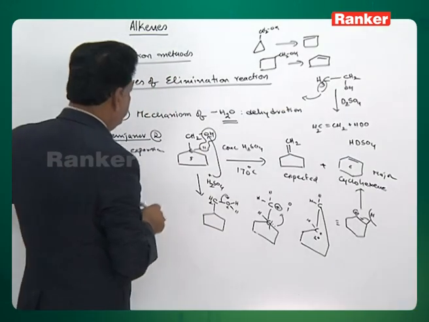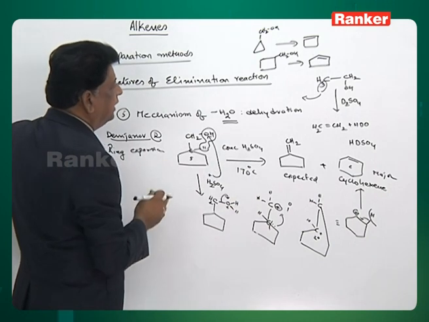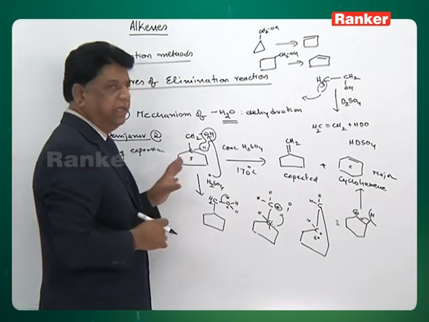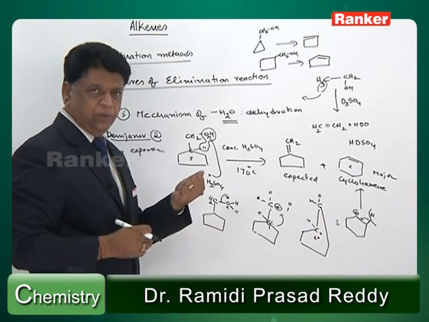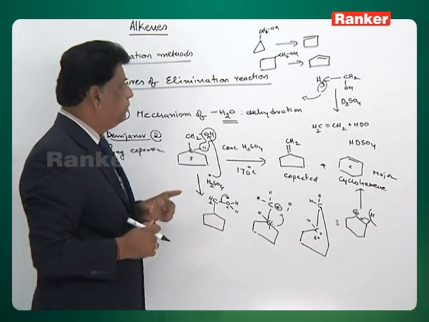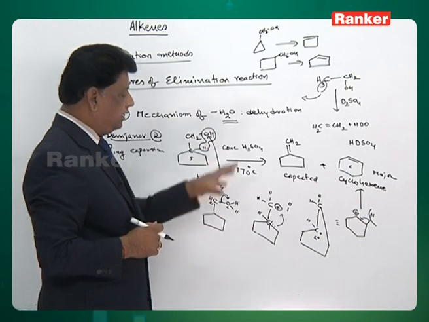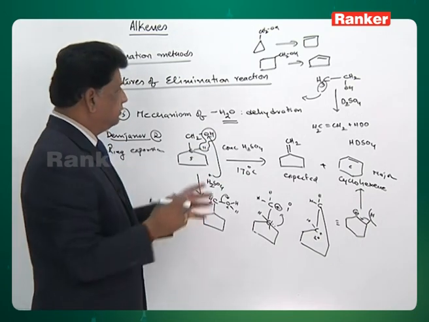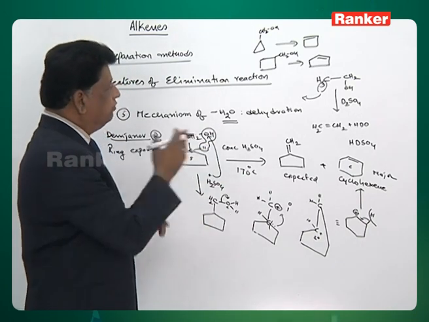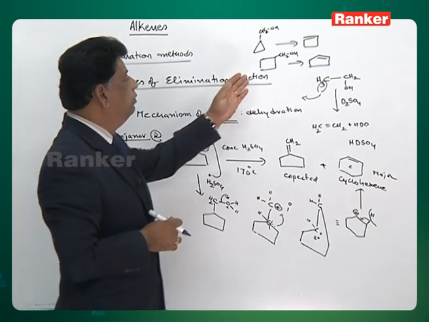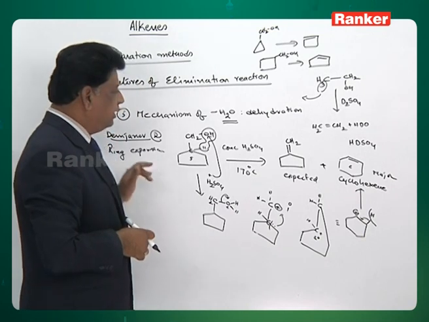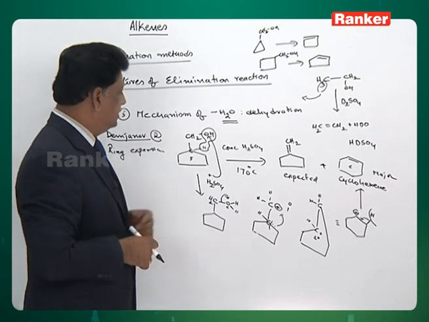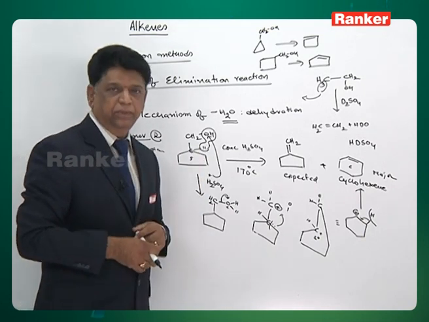So, these 2 examples also come under this category. First, you must have knowledge that dehydration goes through the carbocation, and then that carbocation has a migrating or expansion capacity. So, this type of unusual ring expansion taking place is known as the Demjanov ring expansion. This is one sample example, right.